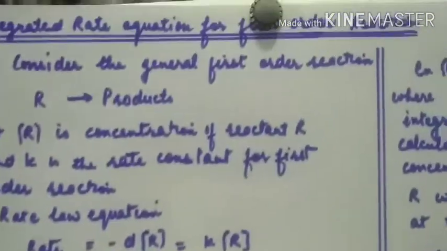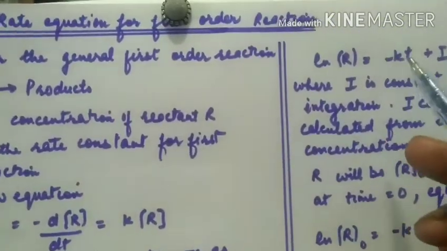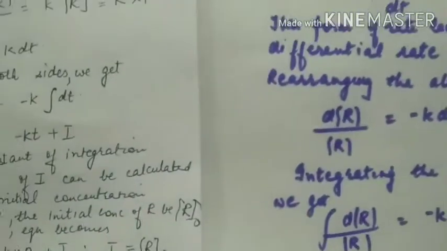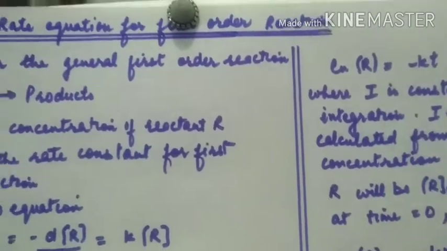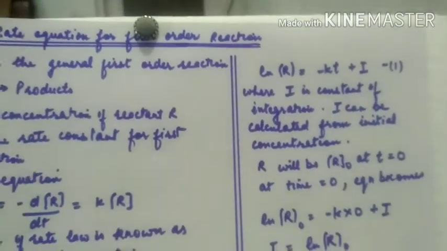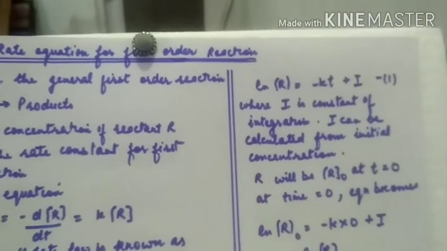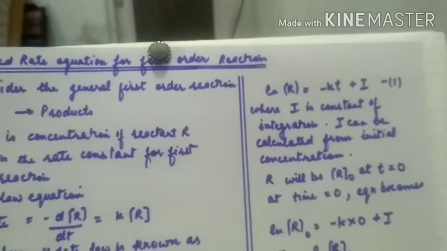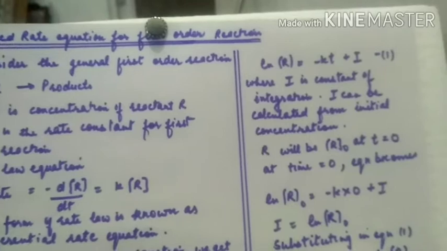Now we have already done that integral of dt will be t plus I, and integral of d[R] upon [R] will be ln [R]. So the equation becomes ln [R] is equal to minus kt plus I. I is the constant of integration and it can be calculated from the initial concentration, that is when time is 0.